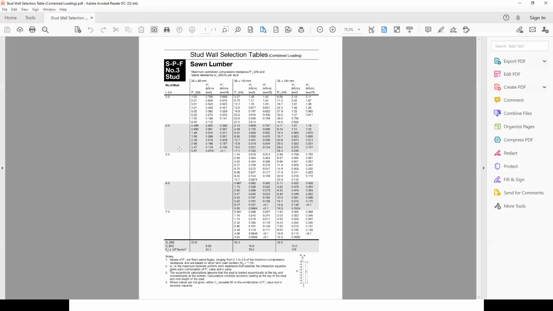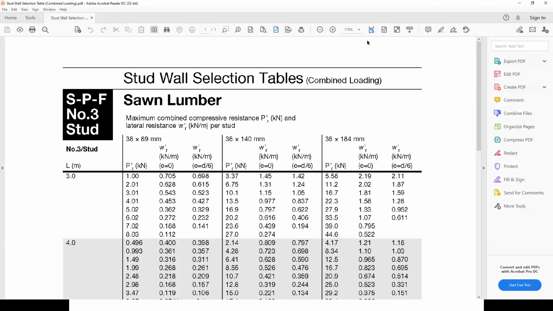So now I have to know what my stud length is, so that when I go into the table, I'm looking at the right values. Sorry guys, I should have written down the value, I'm not really sure what I'm looking for. Can anybody tell me what PF was for load combination 3 off the top of their heads? 14.2. 14.2?